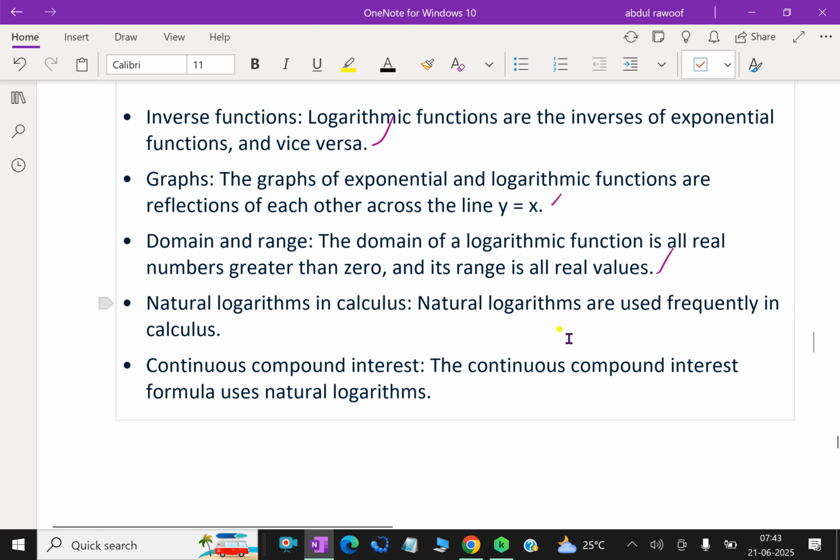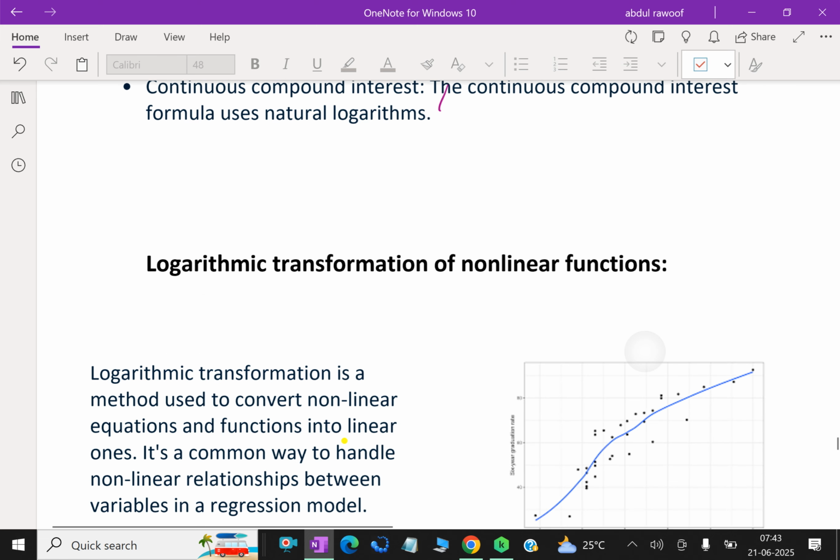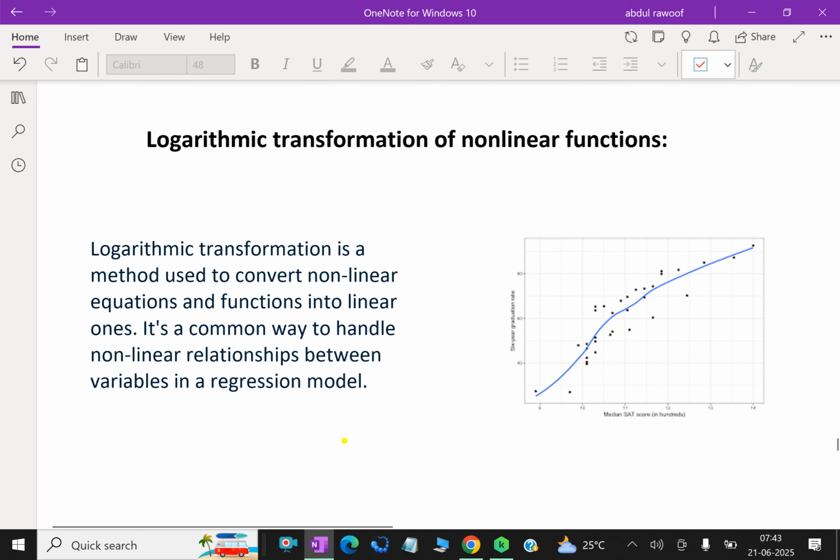Natural logarithms are used frequently in calculus. Continuous compound interest: the continuous compound interest formula uses natural logarithms. Logarithmic transformation of a nonlinear function. Suppose a nonlinear function is given, that means the data points are a little widespread.